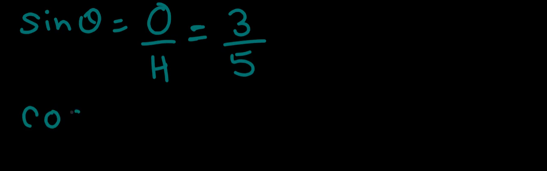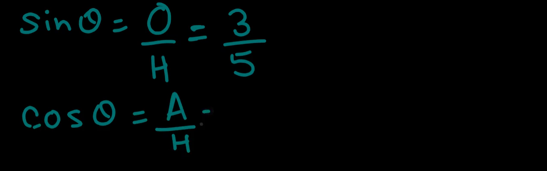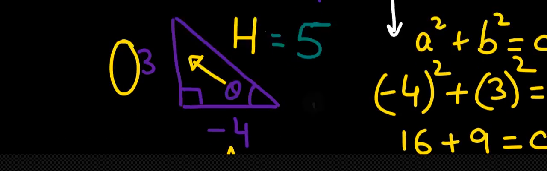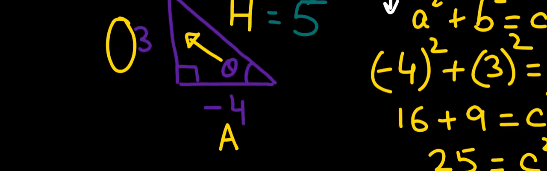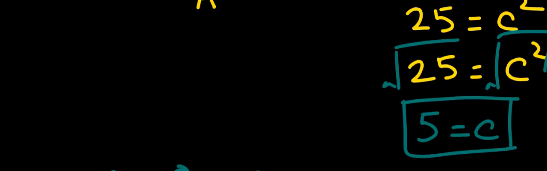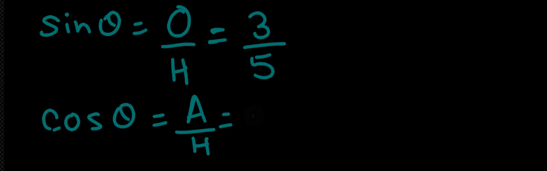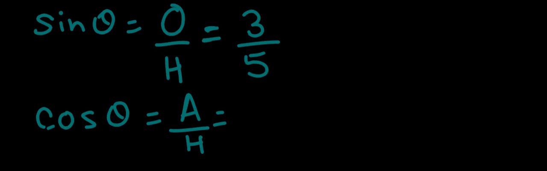Cos theta: the formula is adjacent over hypotenuse. If you look here, what is adjacent? Adjacent is -4. Hypotenuse is 5. So let's write -4 over 5.